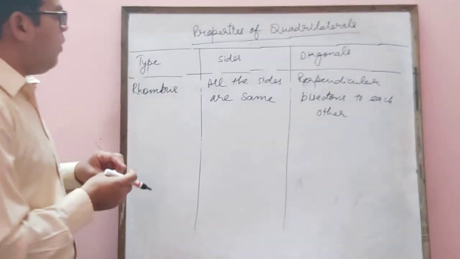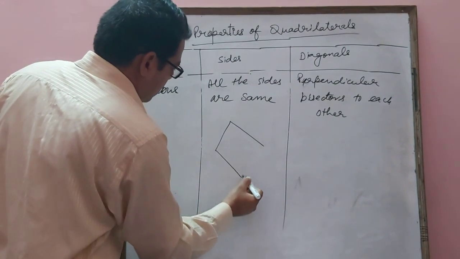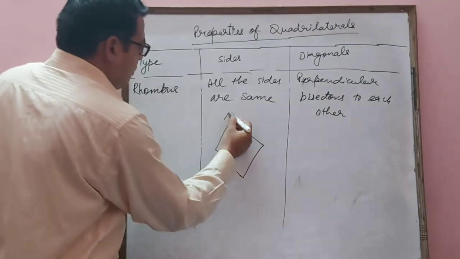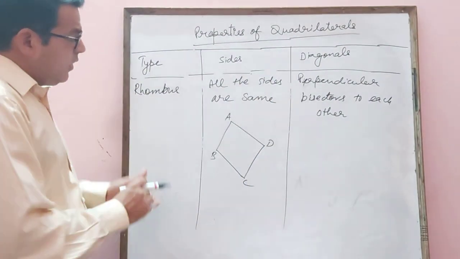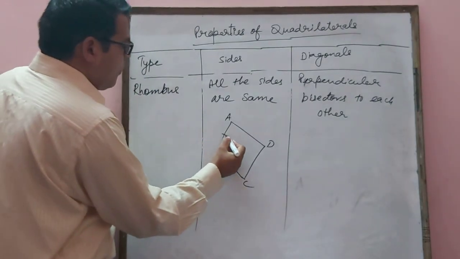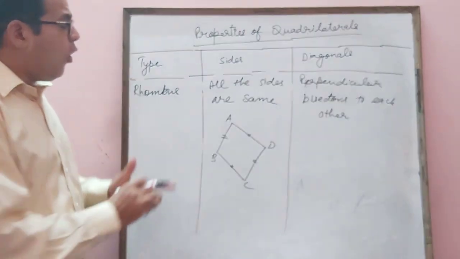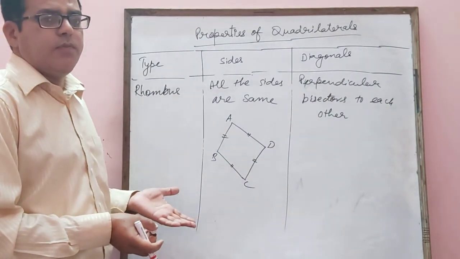You should know this is a rhombus. Suppose this is A, this is B, this is C, this is D. Right? So all the sides of a rhombus are the same.